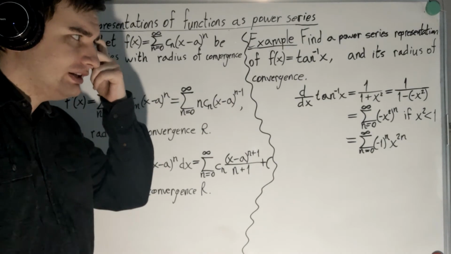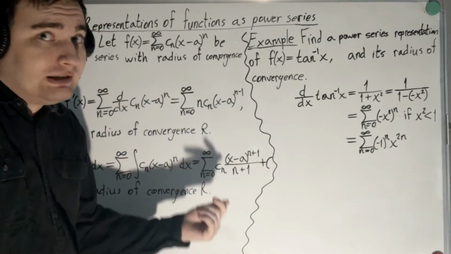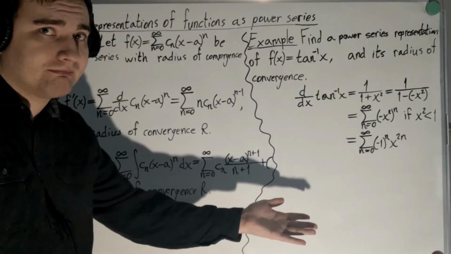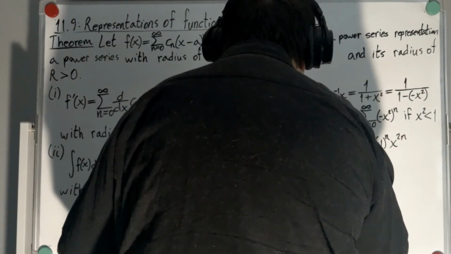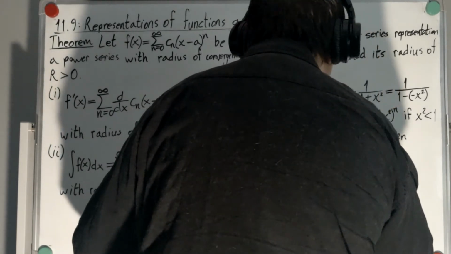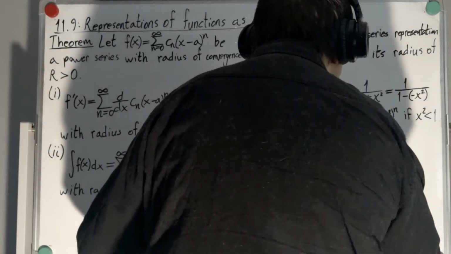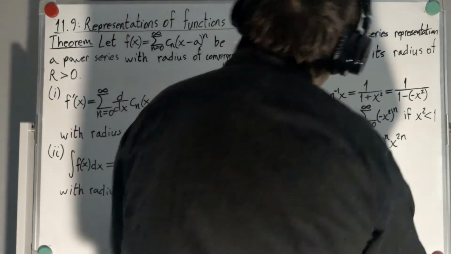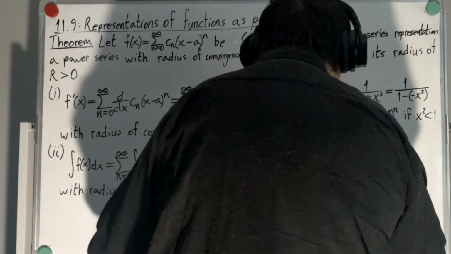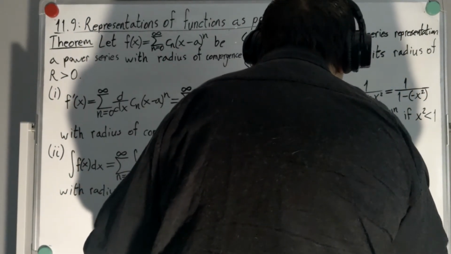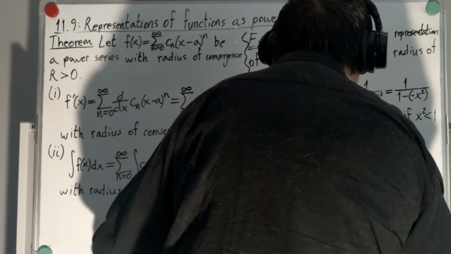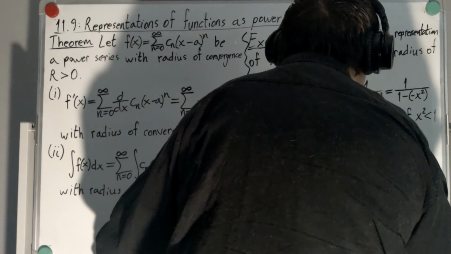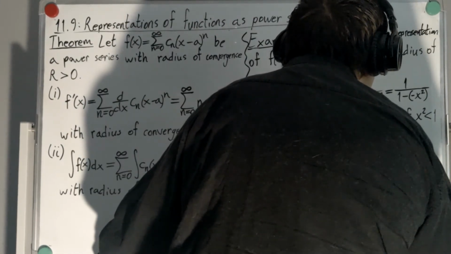Well, if you want the original, then you're going to want the antiderivative of this, right? So that means arctangent of x is equal to an antiderivative of the sum from n equals 0 to infinity of negative 1 to the n times x to the 2n dx.